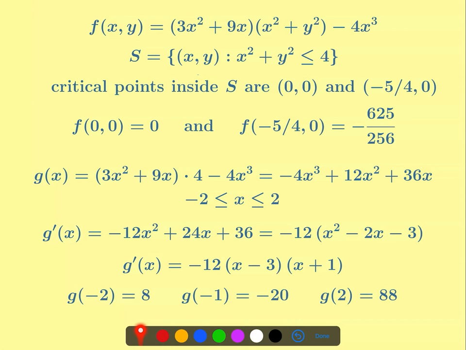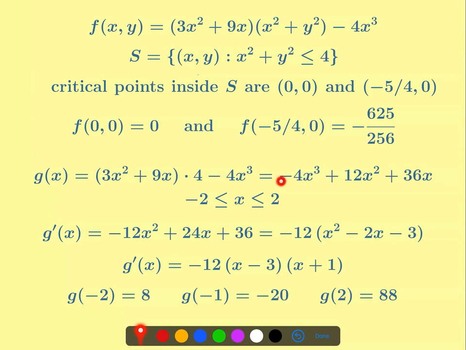So now we want to look at g of minus 2. We plug that in, the minus 2, and we get minus 8 times 8 is 32, and then 12 times 4 will be 48. So that gives me 80. When I add to that the negative 72 coming from here, that'll give me the 8.